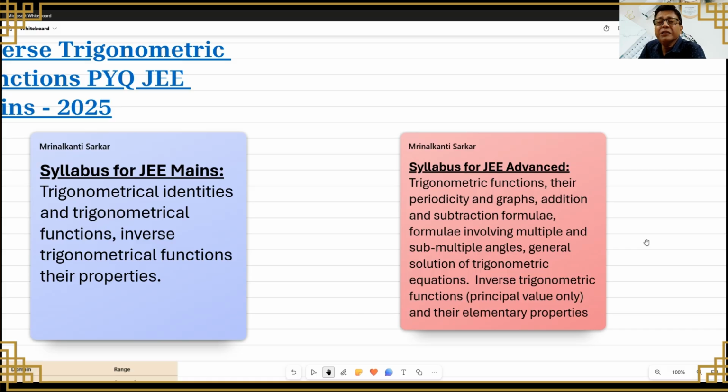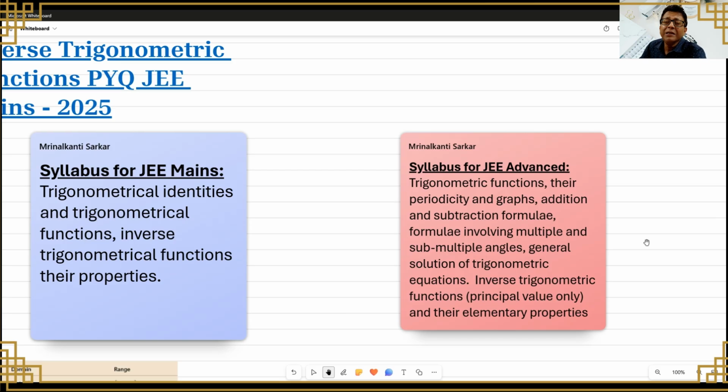and their elementary properties. Those elementary properties which I have discussed earlier, I think it is better to remember because those formula in the previous sessions, whatever I have done, can be used for solving any problem from inverse trigonometric function.